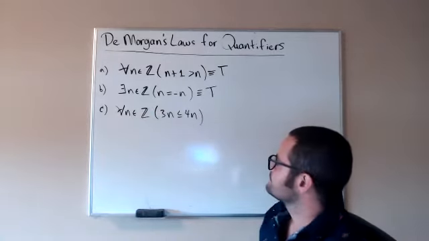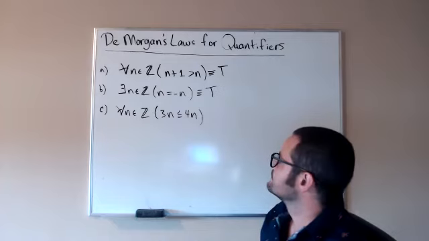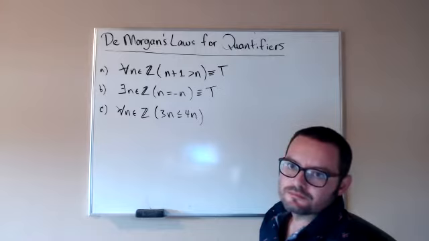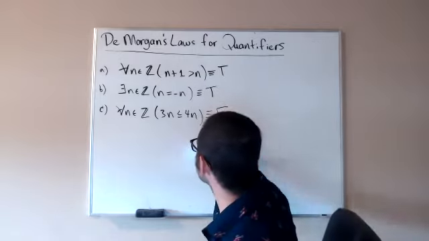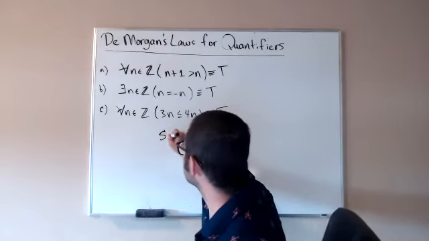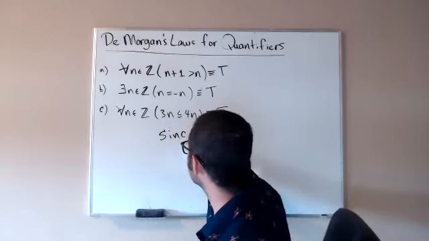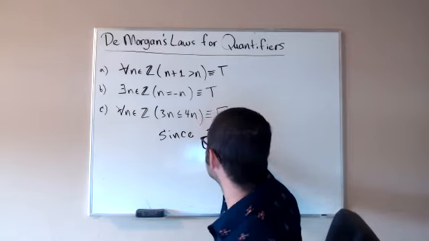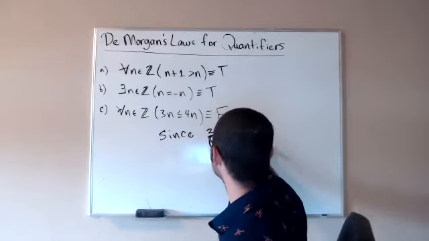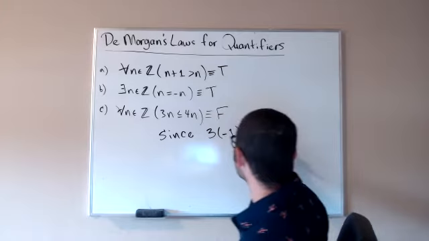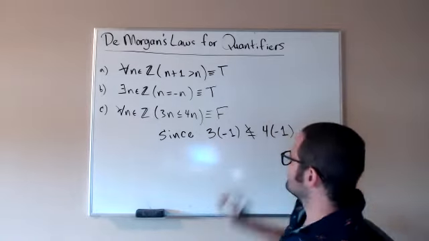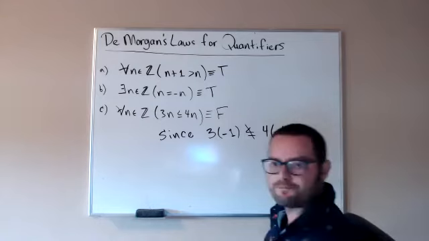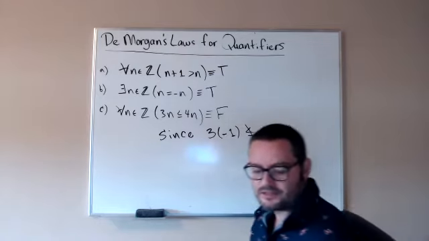And this one, false, right? So this is false since 3 times negative 1 is not less than or equal to 4 times negative 1. Okay, so this is what's called a counterexample.